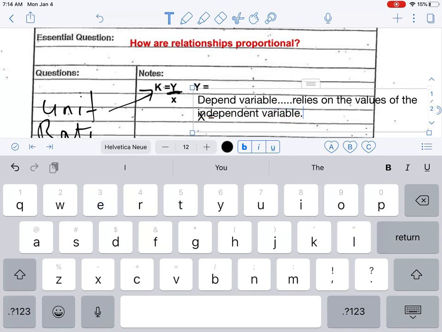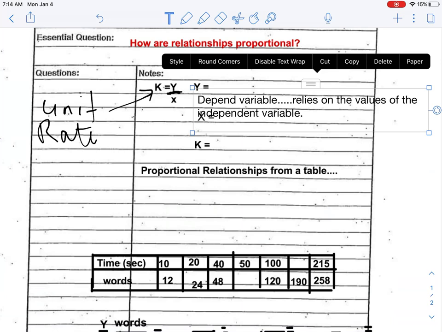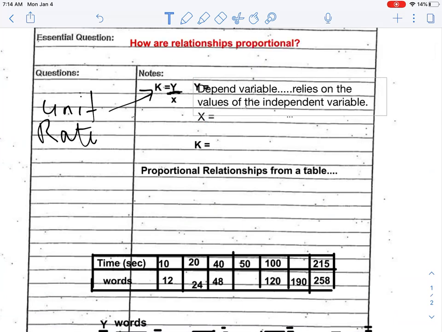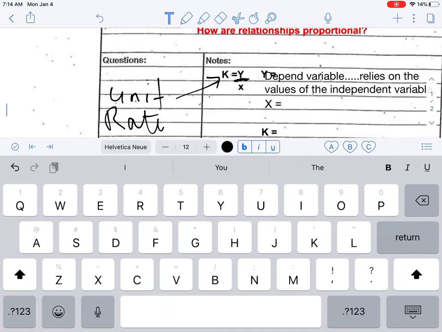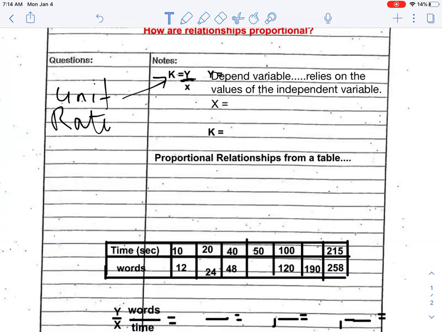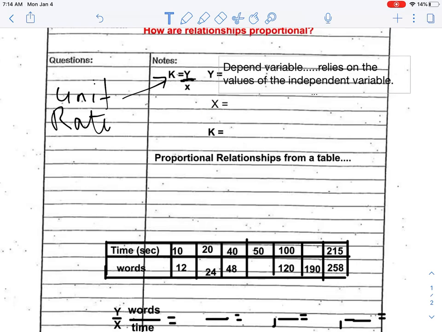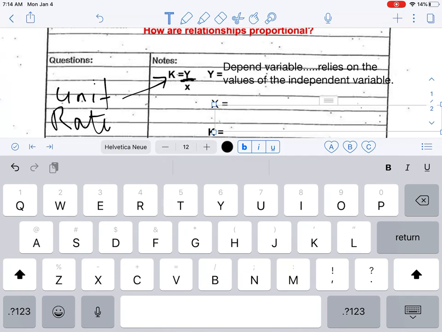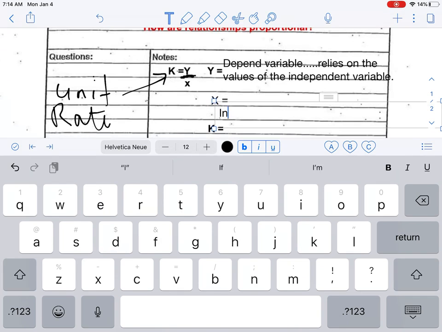You're going to see what that means here in a second. The x is the independent variable.